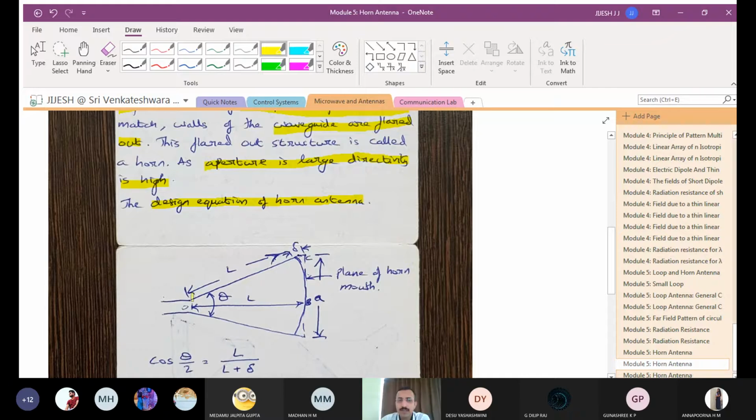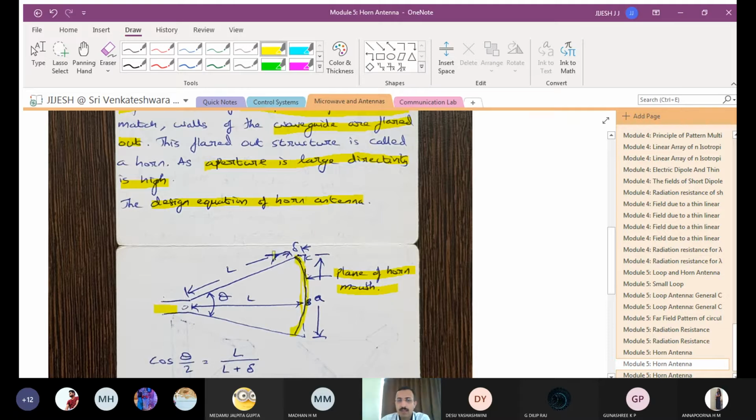Here you can see the diagram. This is the portion through which the signal enters the antenna, and this is the mouth or plane of the horn antenna, through which the signal is transmitted.